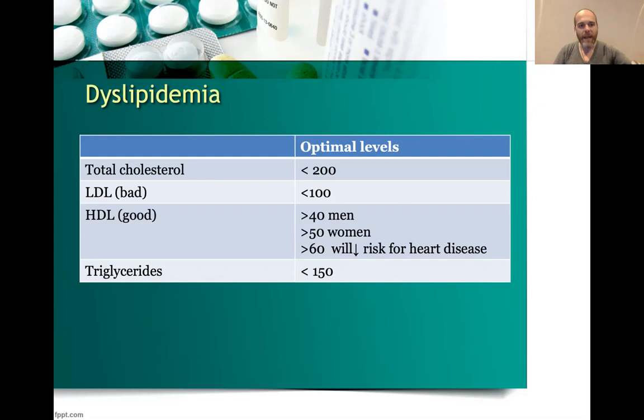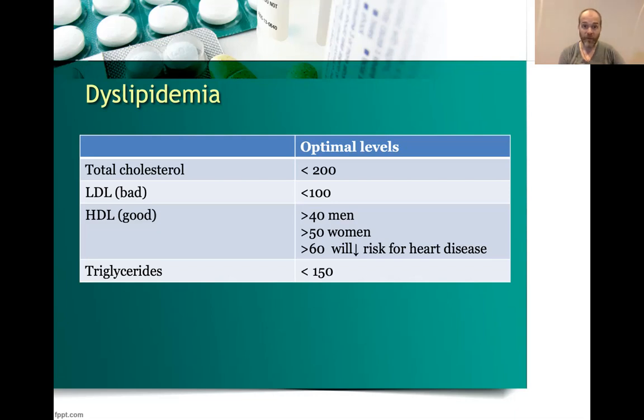And then we have the HDLs, the high density lipoproteins, which are our good ones. And then we have our triglycerides. You can see here that in men and women, we both want our low density lipoproteins, the bad ones, to stay less than 100, okay?